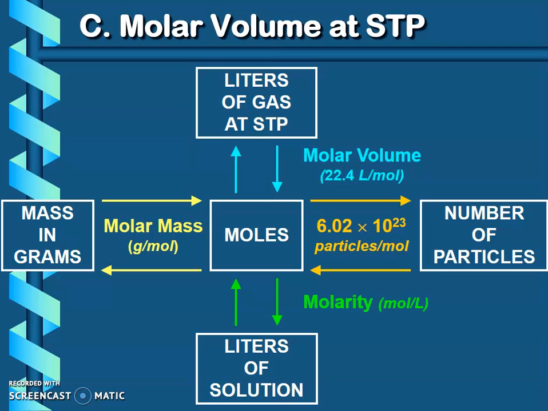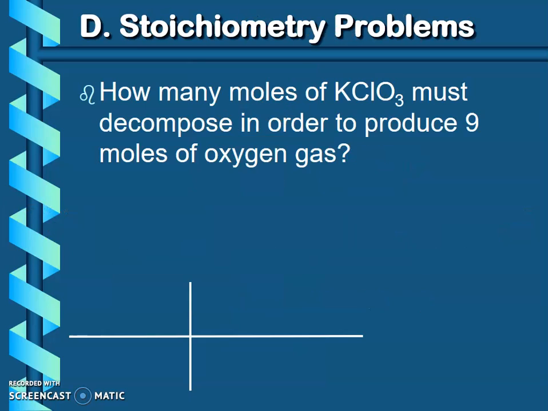If we're using a gas and we need to go from moles to liters or liters to moles of a gas, we'll use our molar volume, which is always, that's another constant, 22.4 liters per 1 mole. Okay, so add that in, that section to the graphic in your notes. So that way you can refer back to this graphic so you know which way to go and what numbers to use. So let's do some example problems.